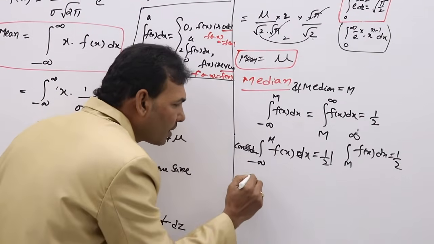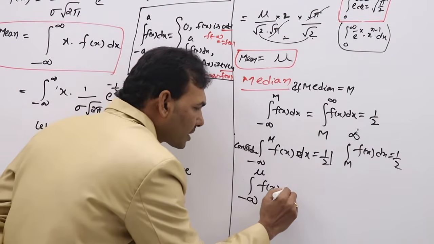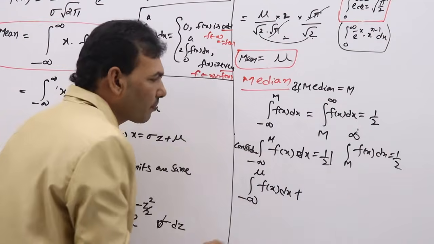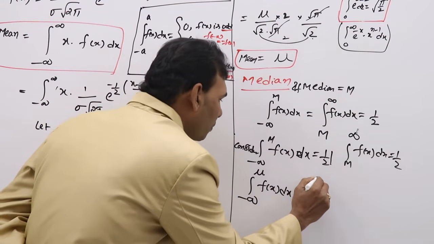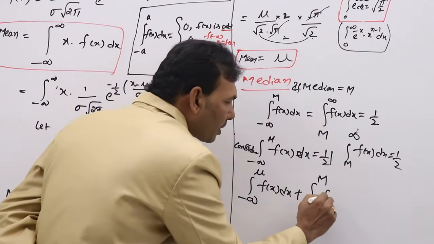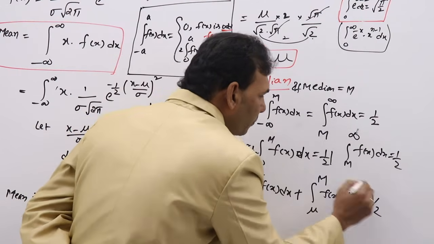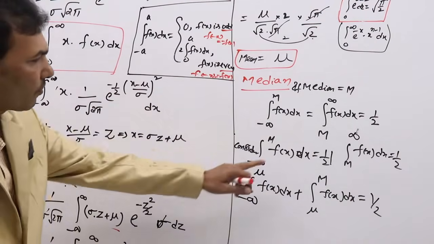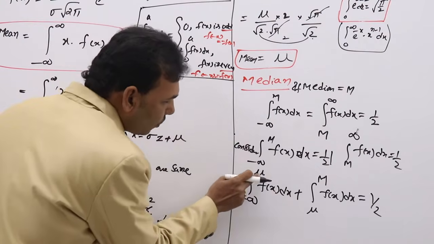Integral minus infinity to mu f of x dx plus integral mu to m f of x dx equal to 1 by 2. In the first integral I introduced one value, mu.